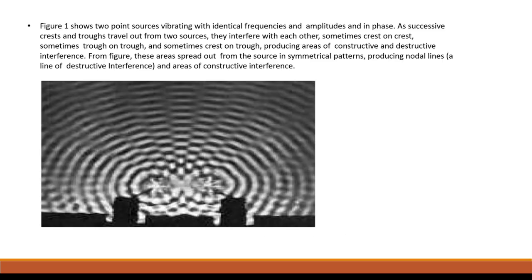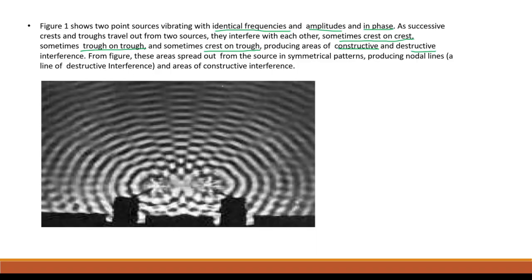So this following figure is a good example of showing interferences with 2 sources. It shows 2-point sources vibrating with identical frequencies, amplitudes, and in phase. As successive crests and troughs travel out from the 2 sources, they interfere with each other. Sometimes you have crest on crest, trough on trough, and sometimes crest on trough, which produce both constructive and destructive interference.